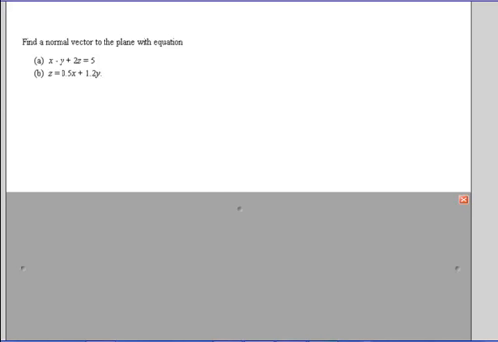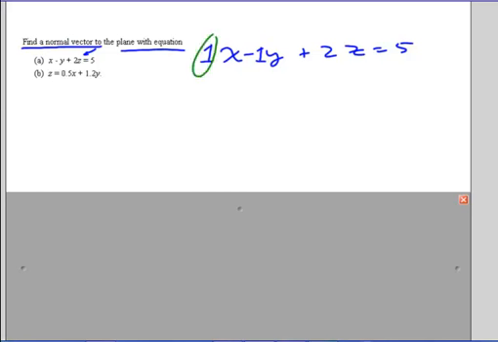Working the other way, let's find a normal vector to the plane. So we want to find the normal vector to the plane with this equation. Well, if we look at A, we've got x minus y plus 2z equals 5. And I'm going to put 1 here. And what we recognize is that the coefficients from our plane must be the coefficients from the normal line.